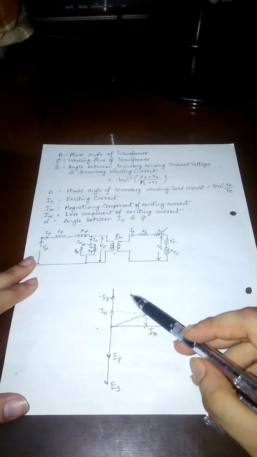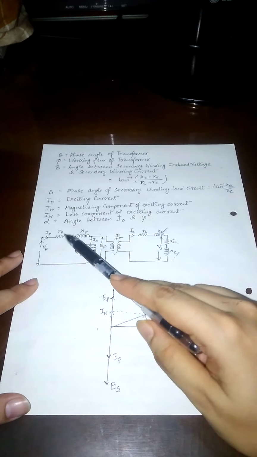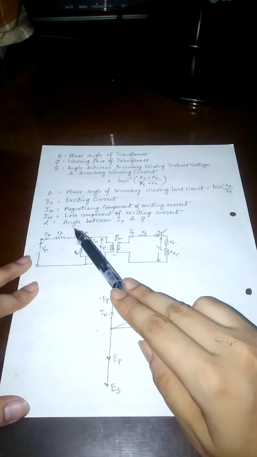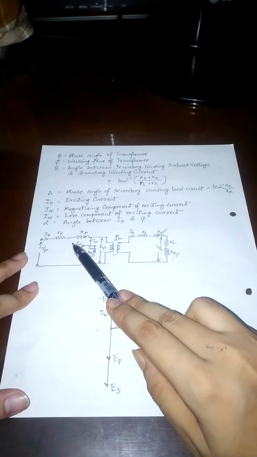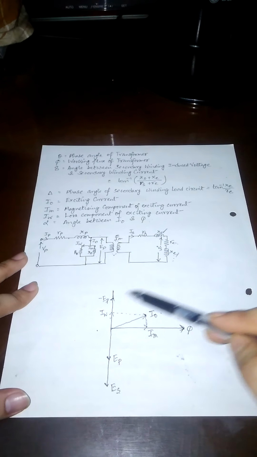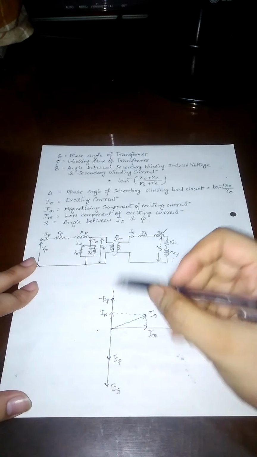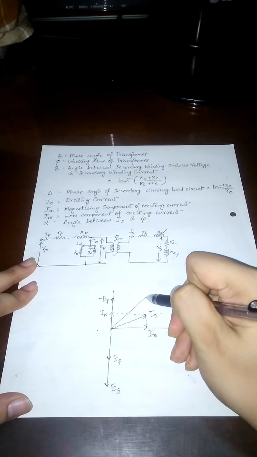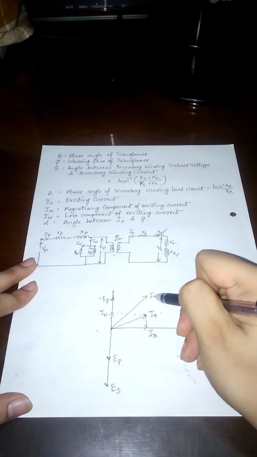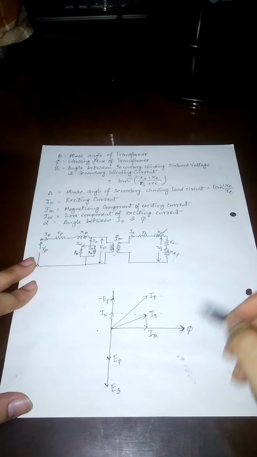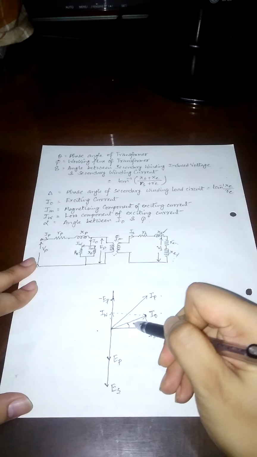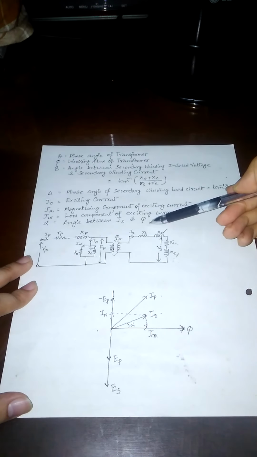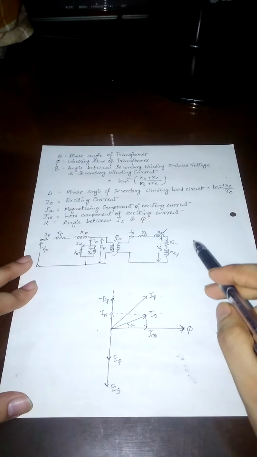Now if we consider the primary winding current, that means IP, there is a phase angle between this EP component and the IP component. Suppose this is IP. Now this is the angle alpha. We already saw that alpha is the angle between I0 and phi.